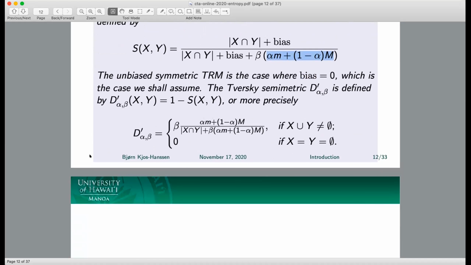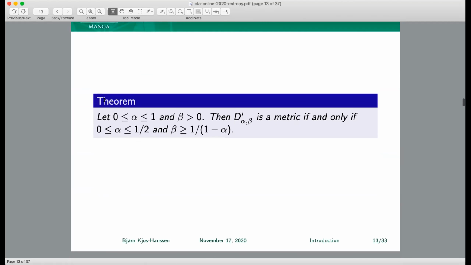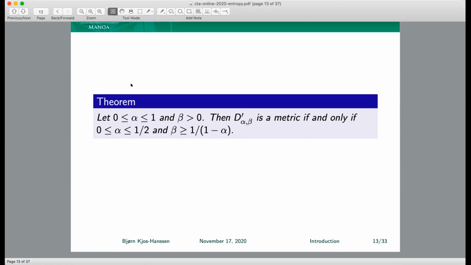Okay, so then if we take 1 minus this, we get a complicated looking function like this. This is the distance between x and y, and it depends on these two parameters. Here's the theorem. Is this a metric? That was the question.